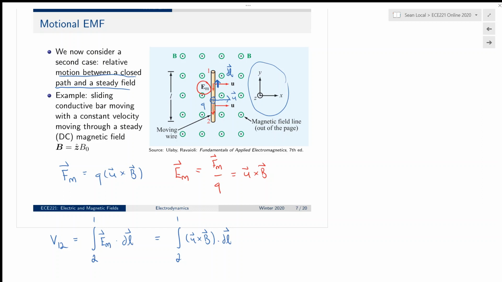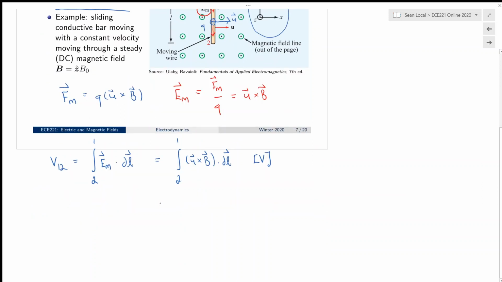This quantity also has units of volts, and so it is also an EMF, and we call this a motional EMF because it arises due to motion of a charge within a static magnetic field.